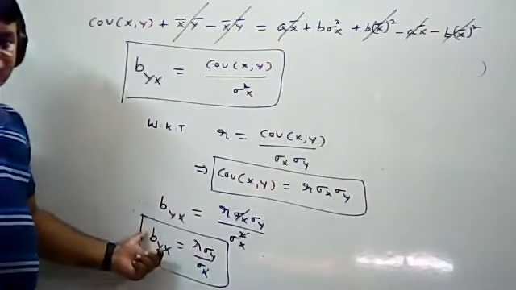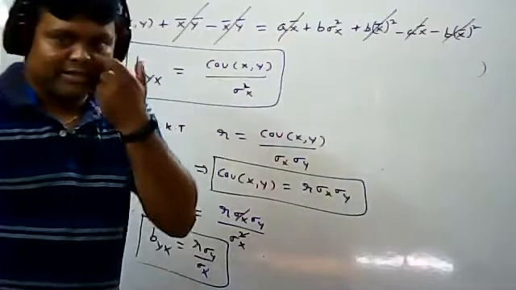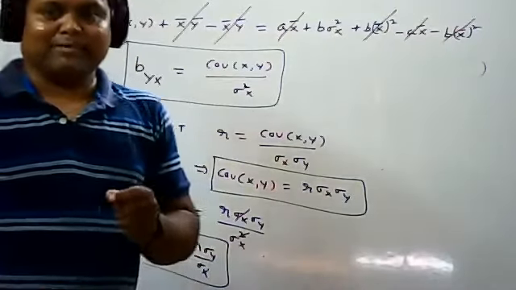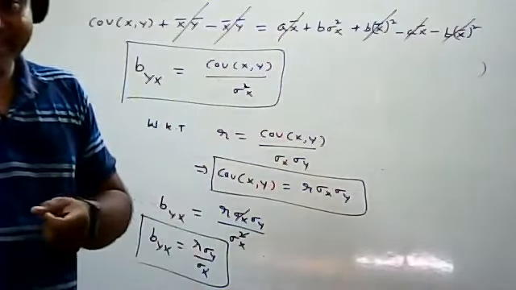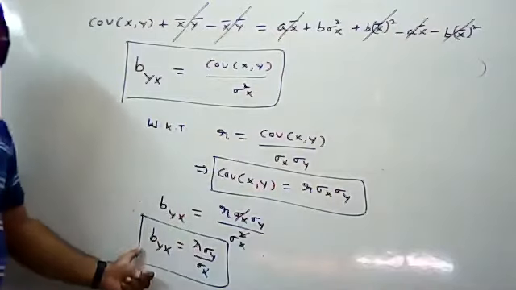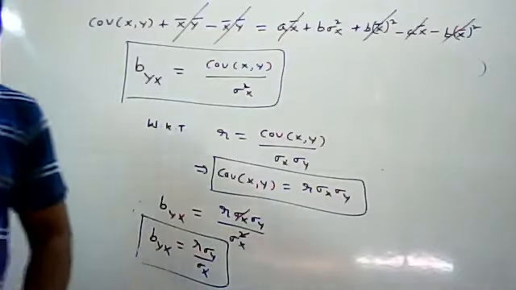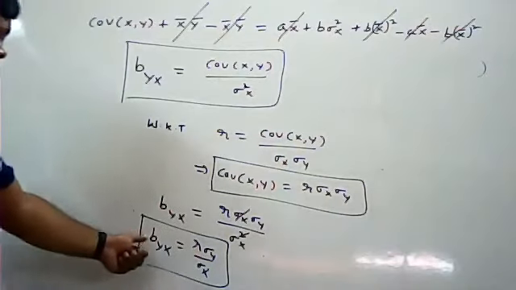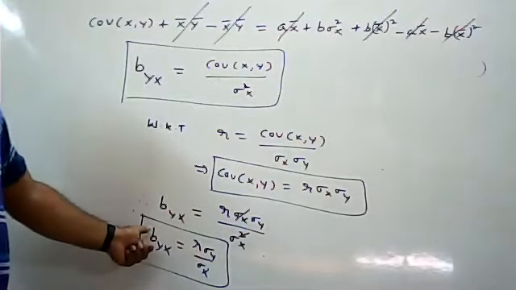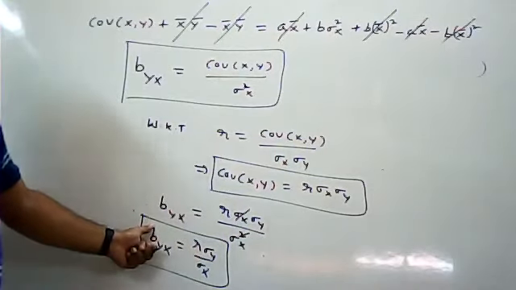And b is the slope, and it passes through which point? It passes through the point x bar comma y bar. Now I can calculate the regression equation.